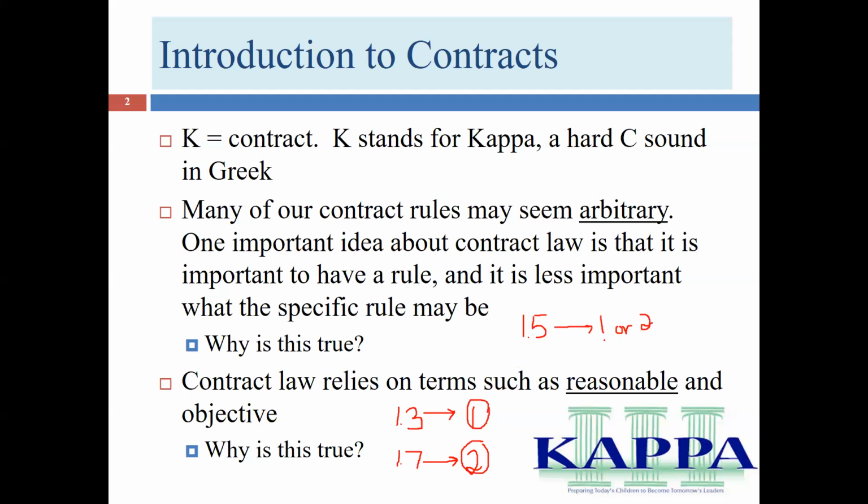But I'm sure you can see that there would be problems with that rule because let's say that you're submitting an answer to a math problem and there's a series of numbers and you're supposed to round each number individually. We know this is 1, this is 2, but whether you call this 1 or 2 is going to affect your final answer.